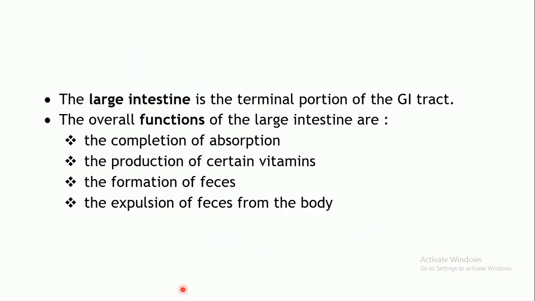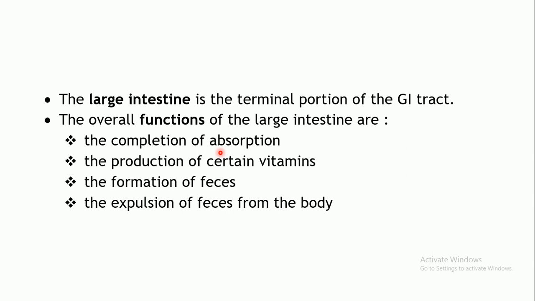So coming to the functions of the large intestine. The large intestine is the terminal portion of the GI tract. The functions of the large intestine include the completion of the absorption process which is started in the small intestine.